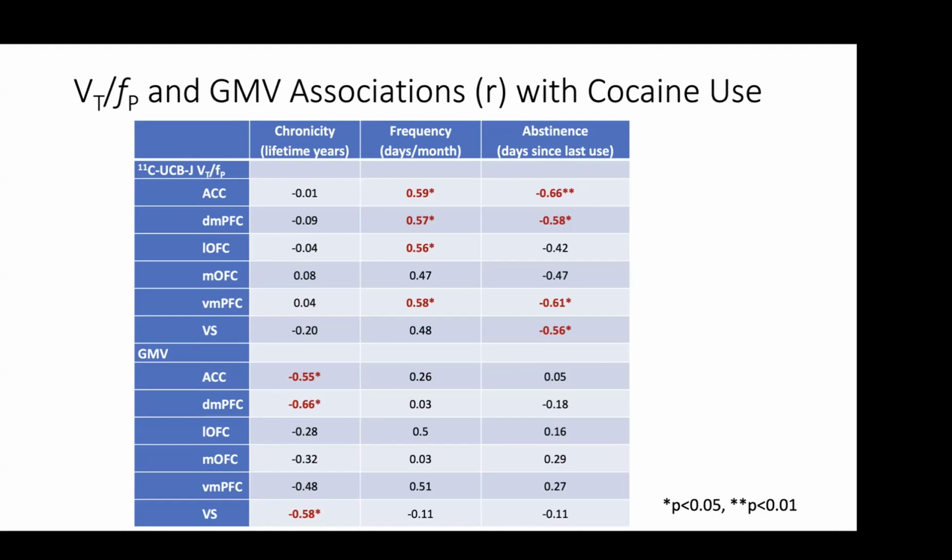This is the positive regression with frequency: the higher the frequency of cocaine use per month, the higher the synaptic density in the anterior cingulate cortex, dorsomedial and lateral frontal cortex, and the ventromedial prefrontal cortex.